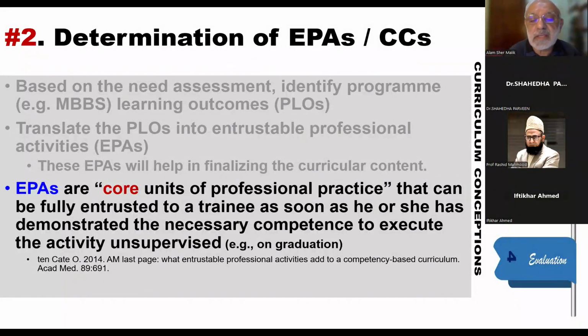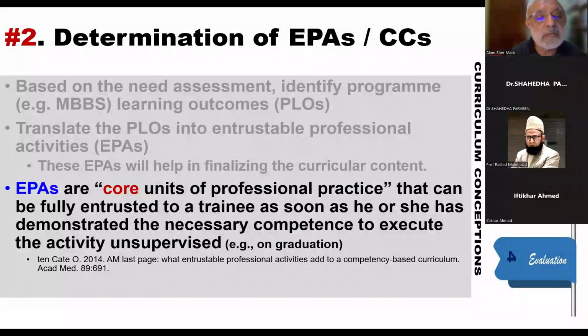In other words, as soon as the graduates enter their internship or house officer job, what are the attributes, what are the skills, what are the competencies those graduates must have before they start their internship or house job.